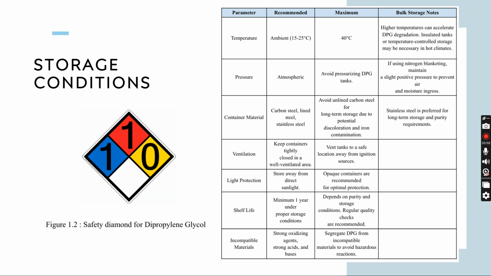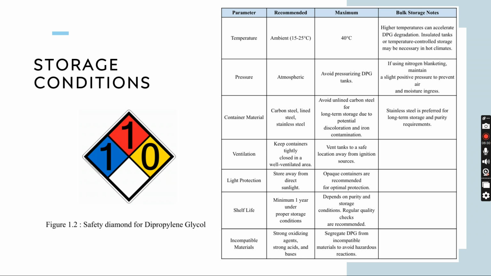Suppose you store a chemical which will degrade over time, then shelf life describes for how long you will have the DPG as DPG, not as DPG plus PG. So the shelf life is a minimum of 1 year under proper storage conditions. Incompatible materials: strong oxidizing agents, strong acids and bases; you can't store DPG with them. Segregate DPG from incompatible materials to avoid hazardous reactions, because this will create a safety hazard in your plant.